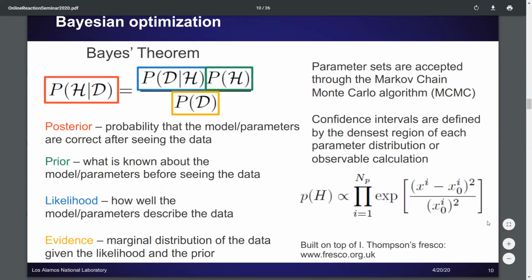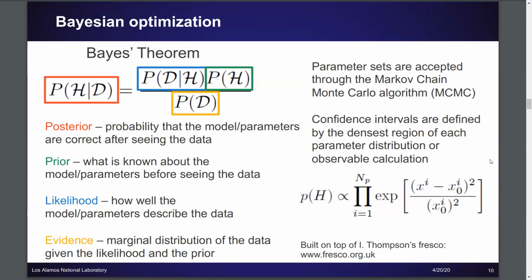The second optimization technique that we've been looking at, and as I mentioned in the beginning, is really gaining a lot of traction right now, is Bayesian optimization. I'll talk about the differences a little more when I discuss the work that we did to compare these two.